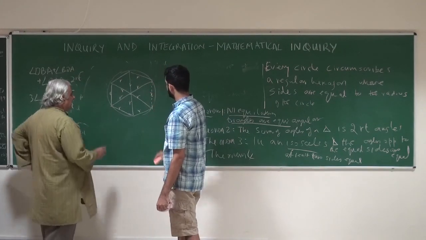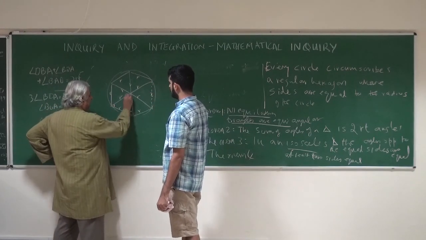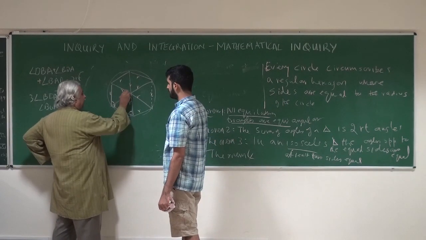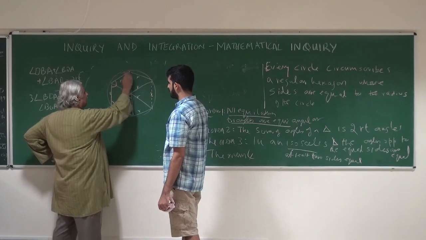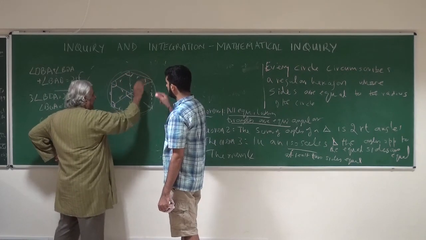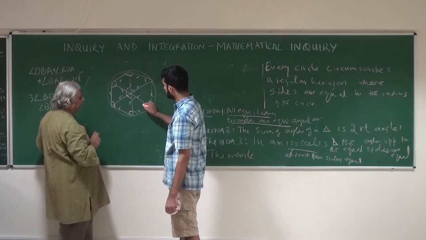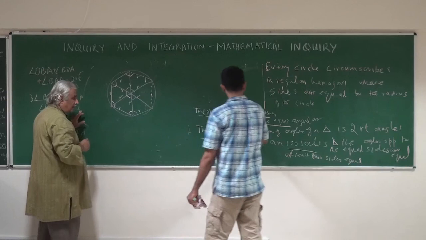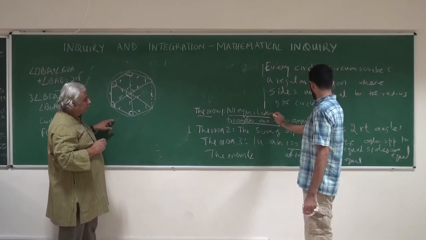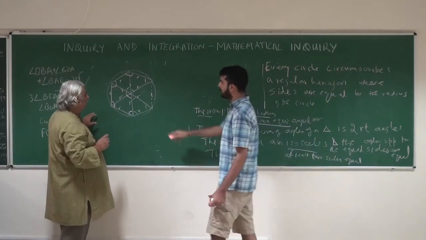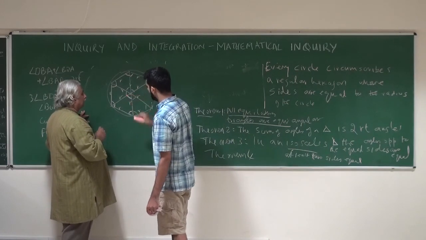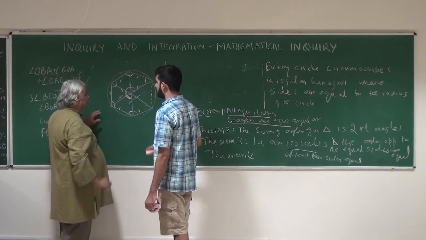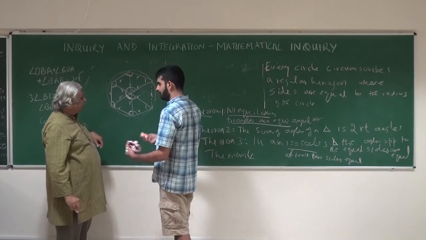We said these are equiangular because they are equilateral. All of those, because of that theorem. So from theorem 2 and theorem 1, we concluded that this angle is 2/3 of a right angle, and all of these together will be 10/3 of a right angle, 5 times 2/3 of a right angle.